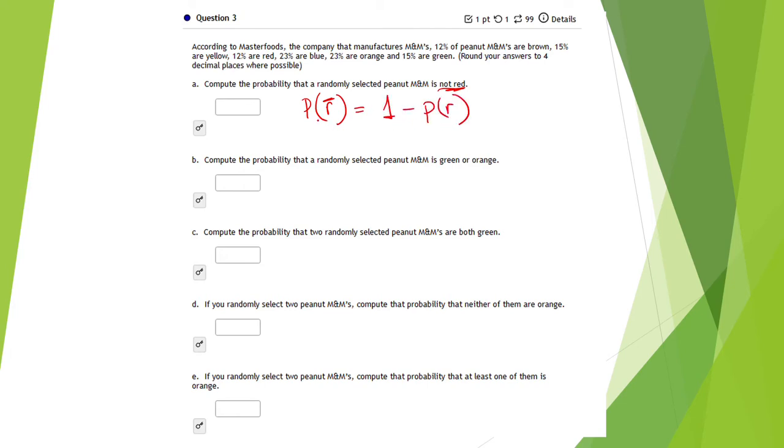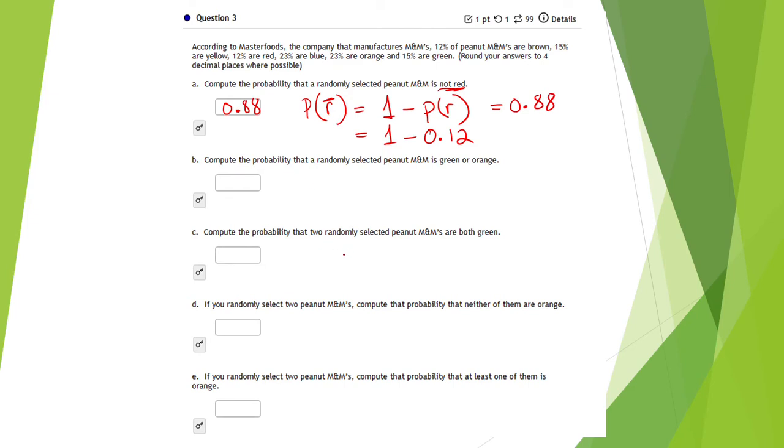The probability of it being red is 12%, so we'll subtract 1 minus 0.12, and this gives us 0.88. So the probability that an M&M is not red is about 88% or 0.88.